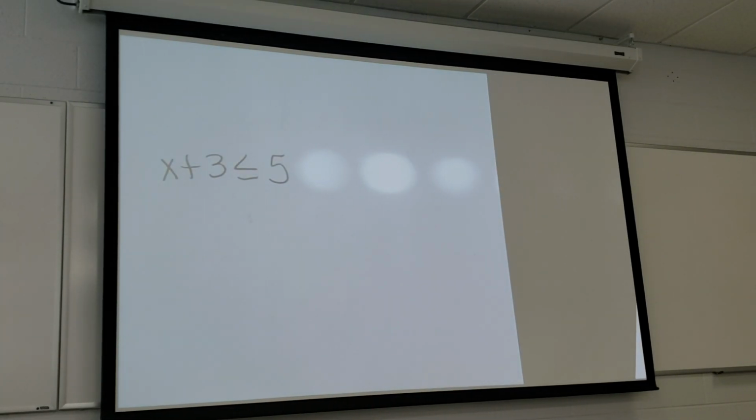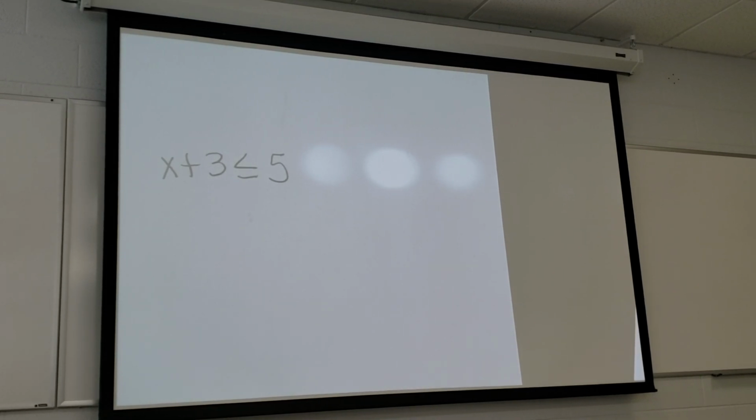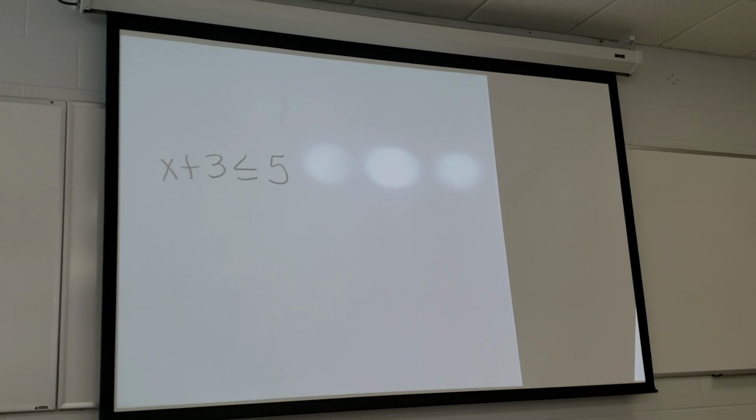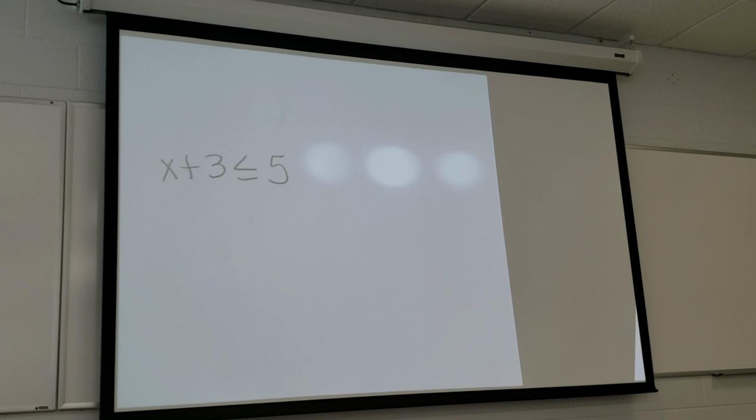Granted, I should have a y, but let's just take this for example. Would 1 work for that inequality? Yes, because it still keeps it less than 5. Would 0 work? Yes. But what if I wanted to find the exact value that would work? And there's only one of those.